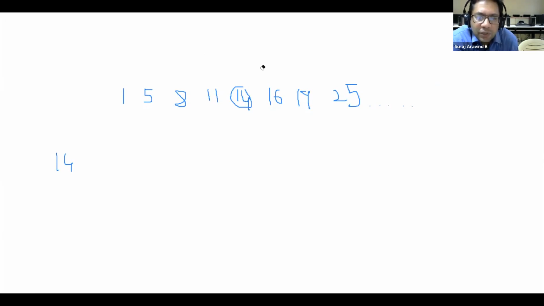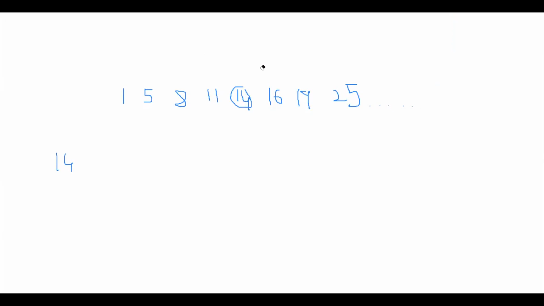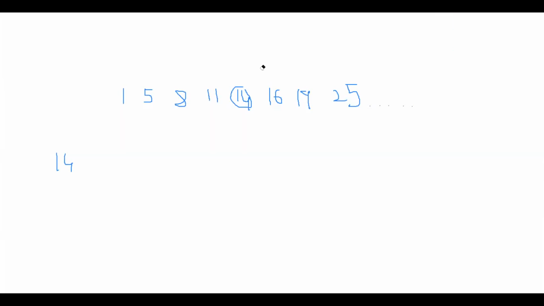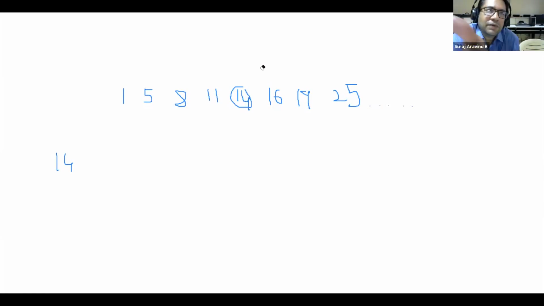So in your list, what is the fourth index? 11, sir. I will compare 11 with 14. Is 11 equal to 14? No. Then I will check, is 11 less than 14 or greater than 14? If 11 is less than 14, I will go to the higher end or lower end, whichever.